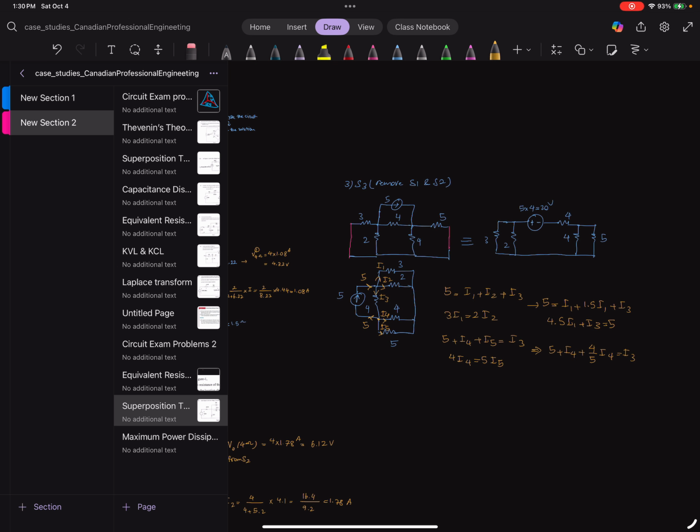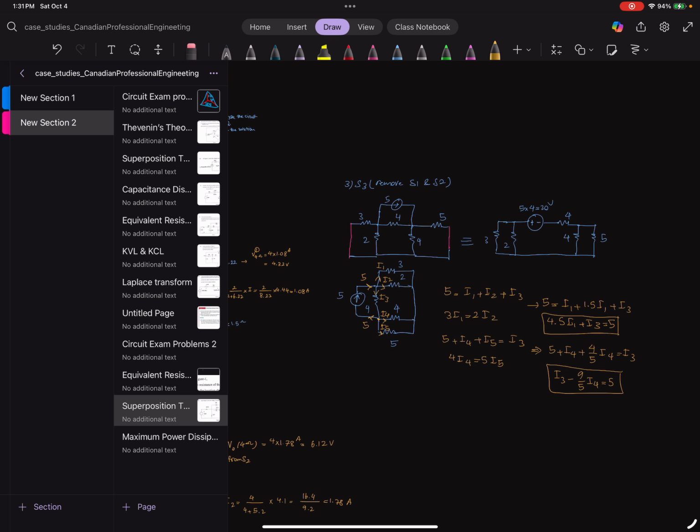And here we have I3 minus 9/5 of I4 is also 5. So 1, 2, 3. We need one more equation.